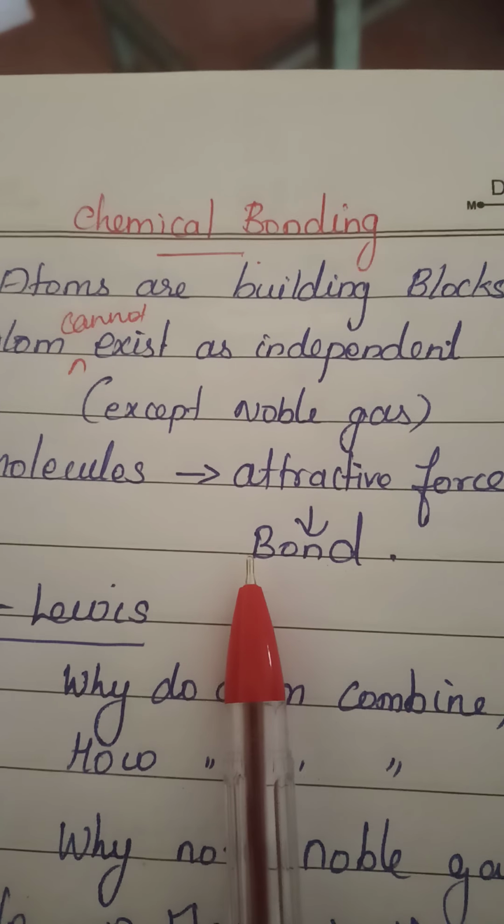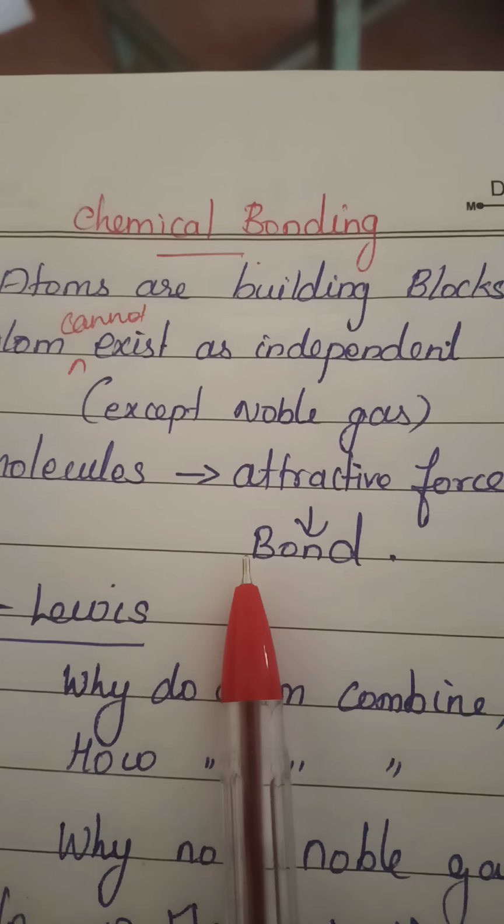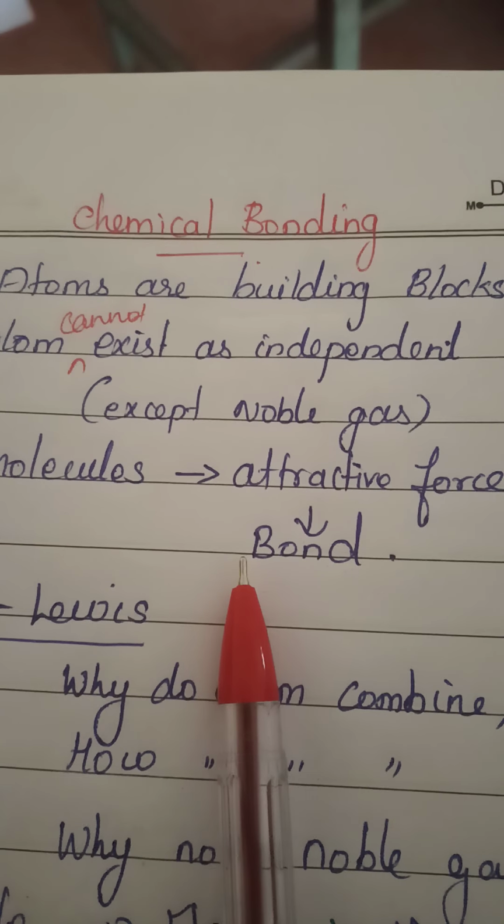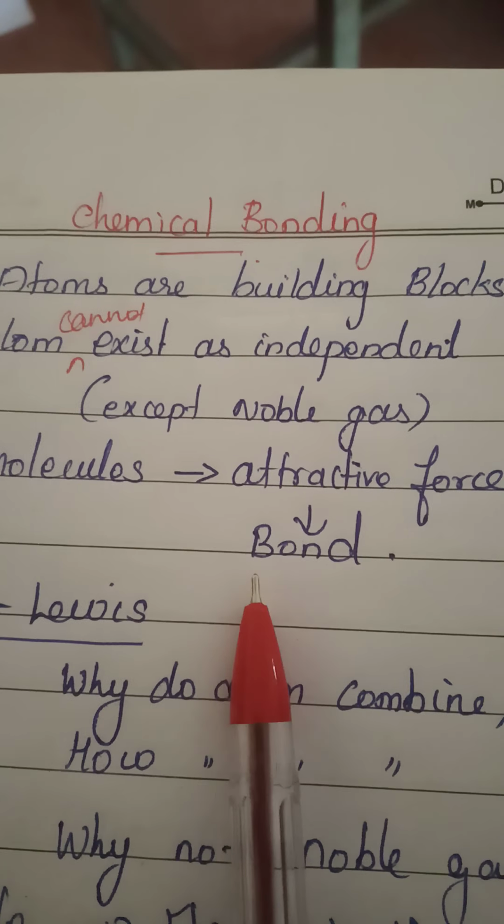Similarly, here also each atom is held together by a force of attraction between the two atoms. That we call a bond. Have you understood, students? The atoms combine together to form a single unit and they are held together by a force. That force is called a bond.